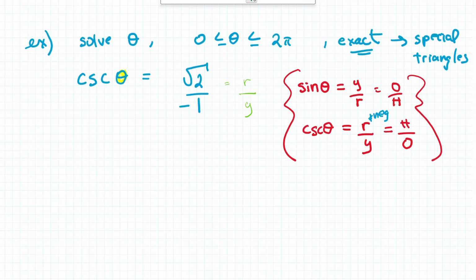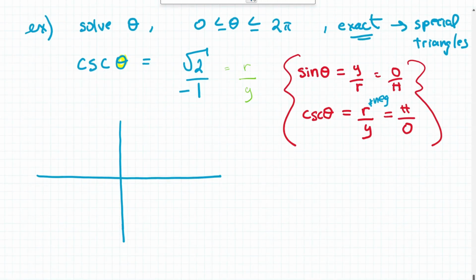So following our steps, we first want to set up our unit circle and write down all of our important information. So first, starting with the domain, we know that we're going from 0, pi over 2, pi, 3 pi over 2, and back to 2 pi. So we're completing one full period. And let's write out our CAST rule. So we'll write our quadrant numbers first. So we have quadrant 1, 2, 3, and 4.